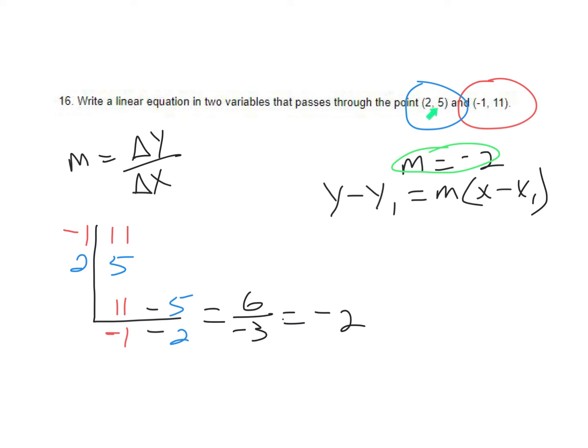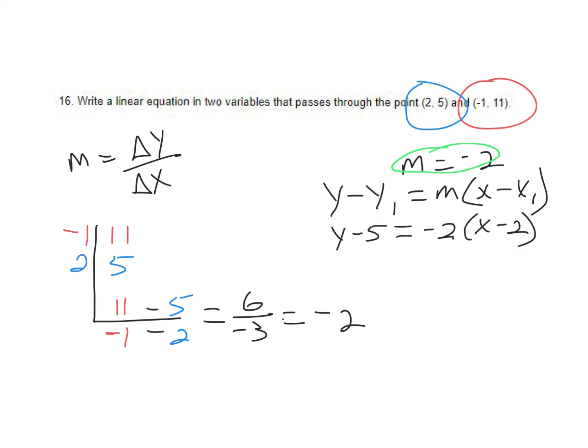Notice they're both positive, and when we plug them in here, basically they become the opposite, because we're going to be subtracting a 5 and we're going to be subtracting a 2. So when we write it out, it's going to end up looking like the opposite. So y minus 5 equals negative 2 times x minus 2.